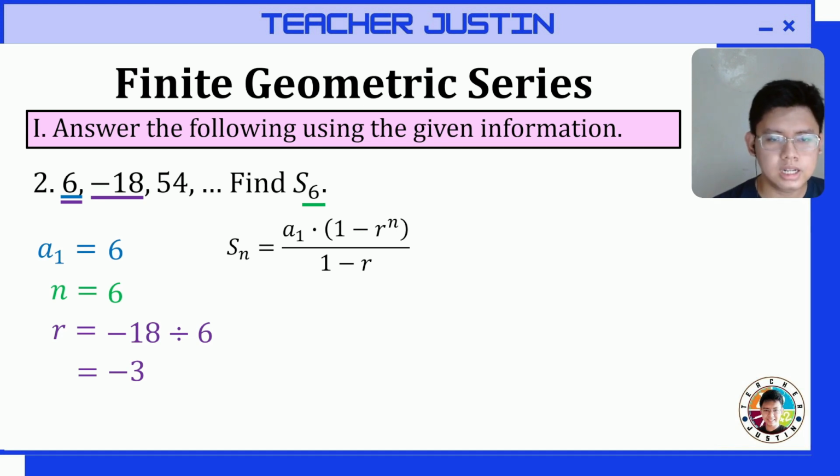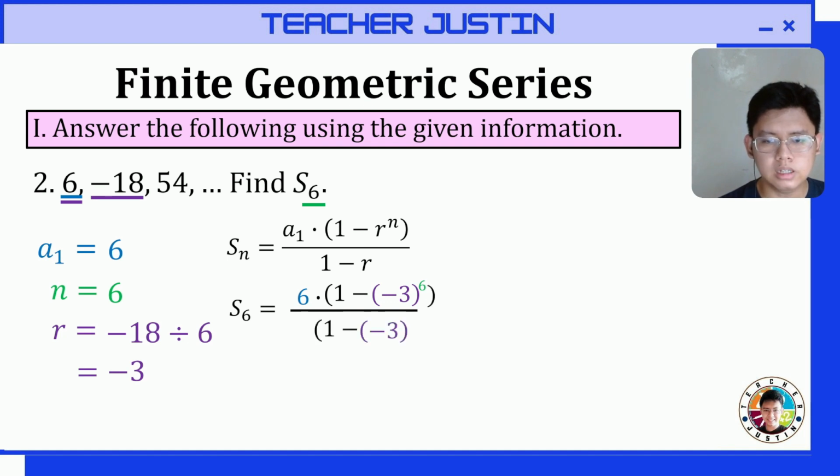Now, we have our first term, number of terms, and the common ratio. Let's substitute them into our formula. S sub 6 is equal to 6 times the quantity 1 minus negative 3 raised to 6 all over 1 minus negative 3.